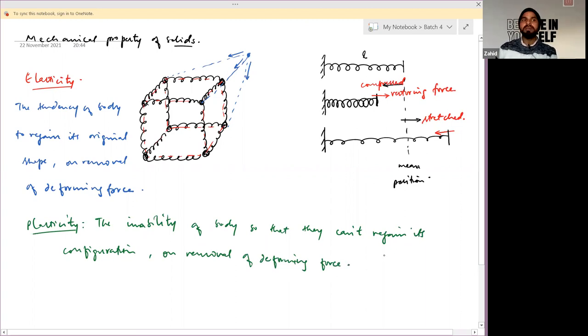In general, there is no object which is perfectly elastic or perfectly plastic.